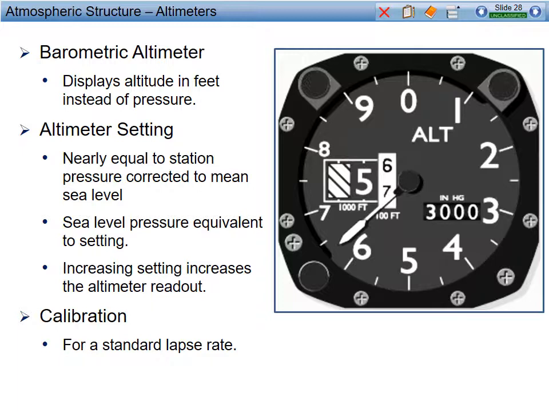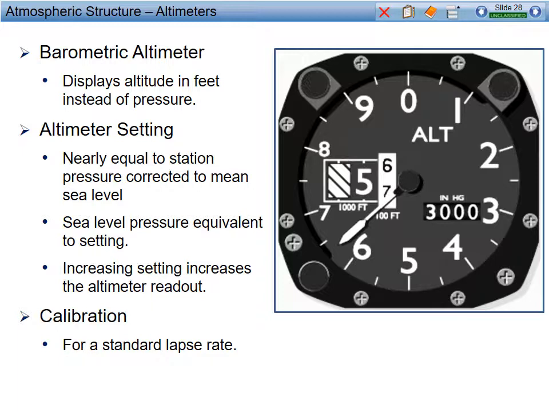That setting is input into this window here called the Kollsman window. Increasing the setting in the Kollsman window, done by spinning the knob in the lower left-hand corner of the barometric altimeter, will increase the numbers in the Kollsman window and also cause the needle to increase and show an increased altitude.